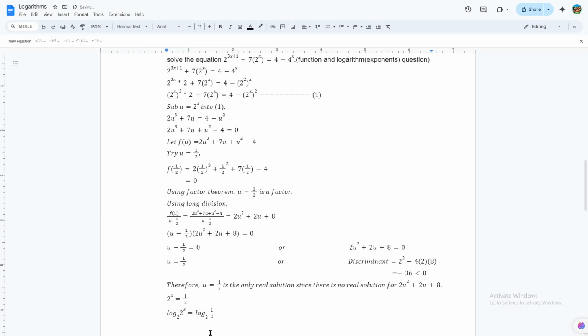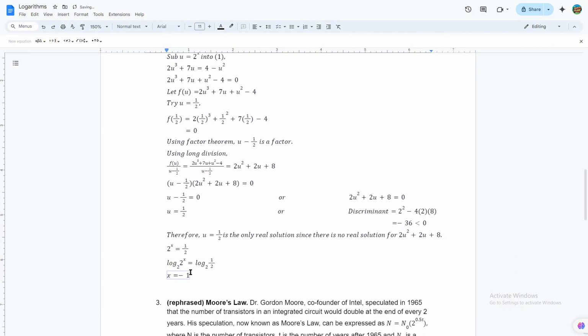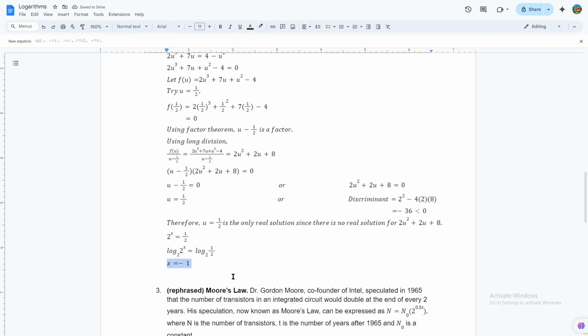You can see the left side simplifies to just x, and the right side simplifies to -1. So we have solved this question, x equals -1.